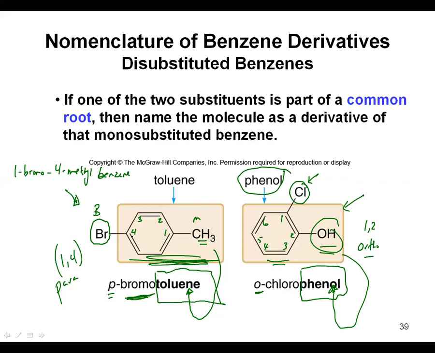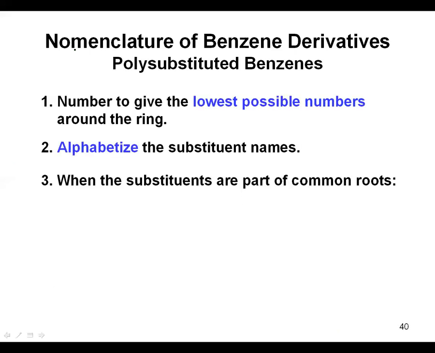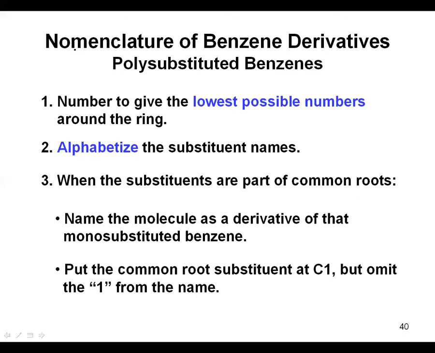Any questions on bromo? Any questions on para, ortho, or meta? And some of these historical names. Now, again, if we have some of these ones where we have multiple groups attached, you do want to go alphabetical around the benzene ring, giving the alphabetical guy the lower number.